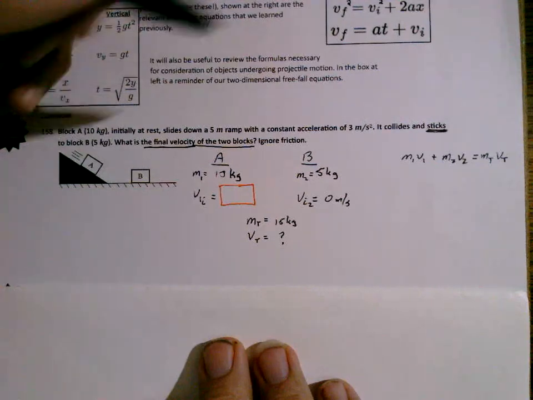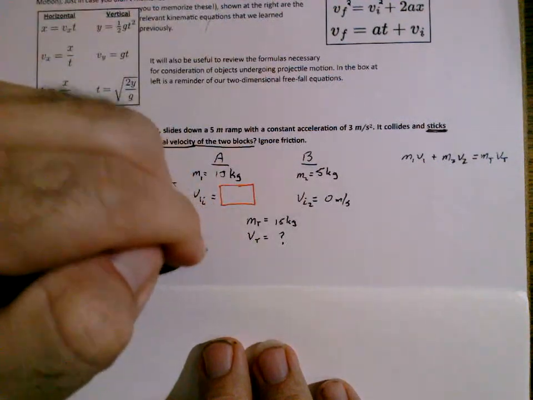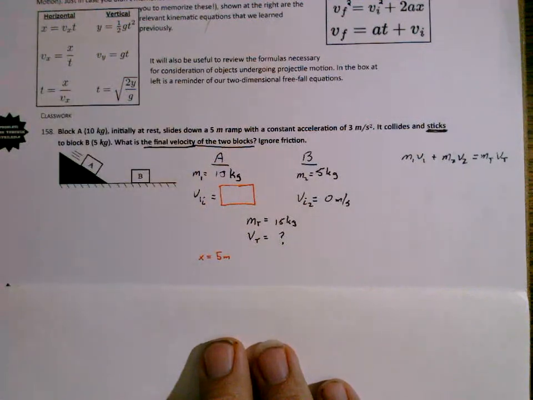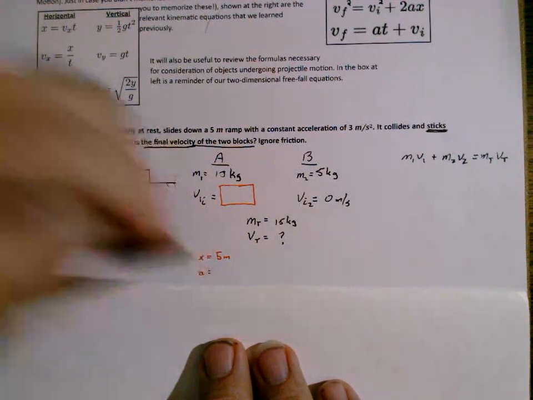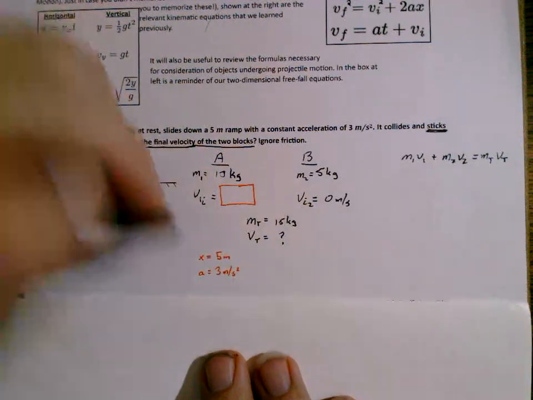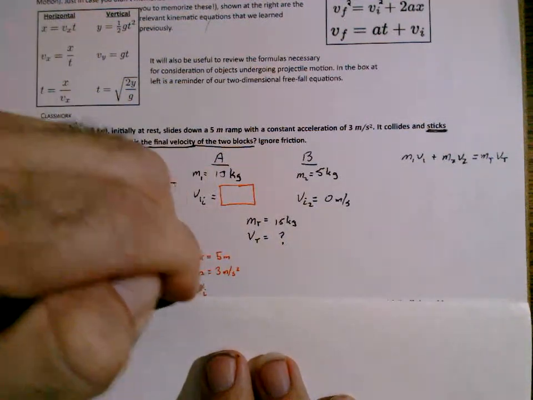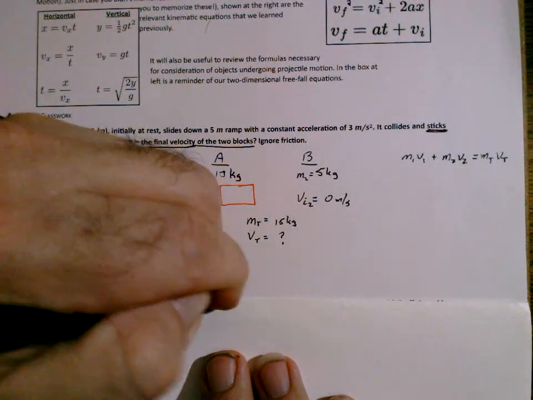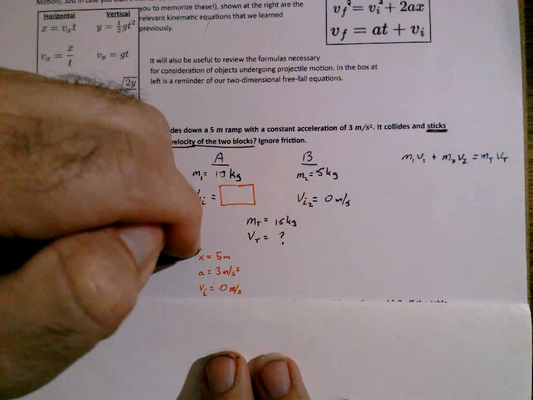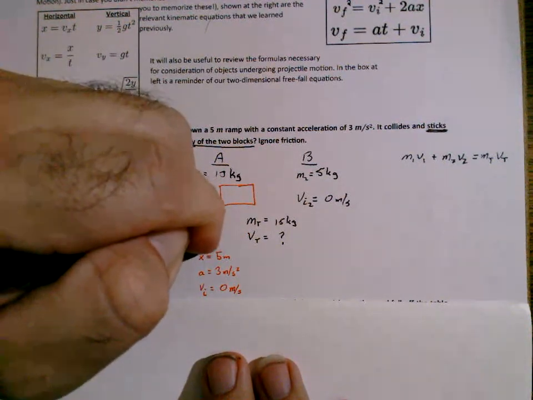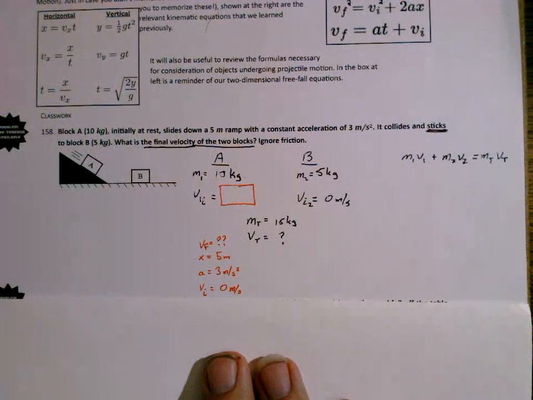So that's where this other information comes in. We have a ramp that is 5 meters long. We have a constant acceleration of 3 meters per second squared, and that is where block A initially at rest comes into play, because we need to find the final velocity of block A. And I'll put 2 question marks for that.